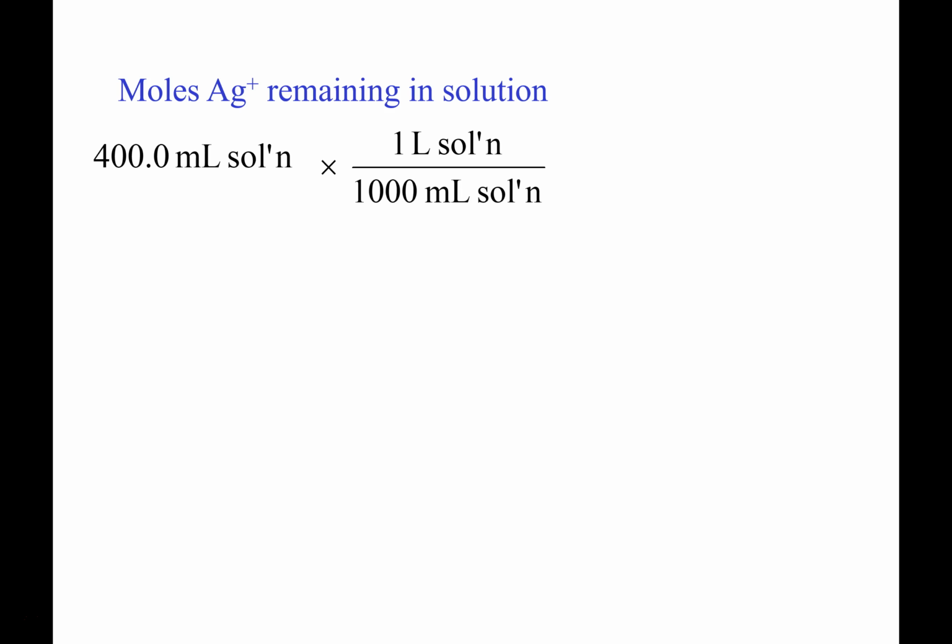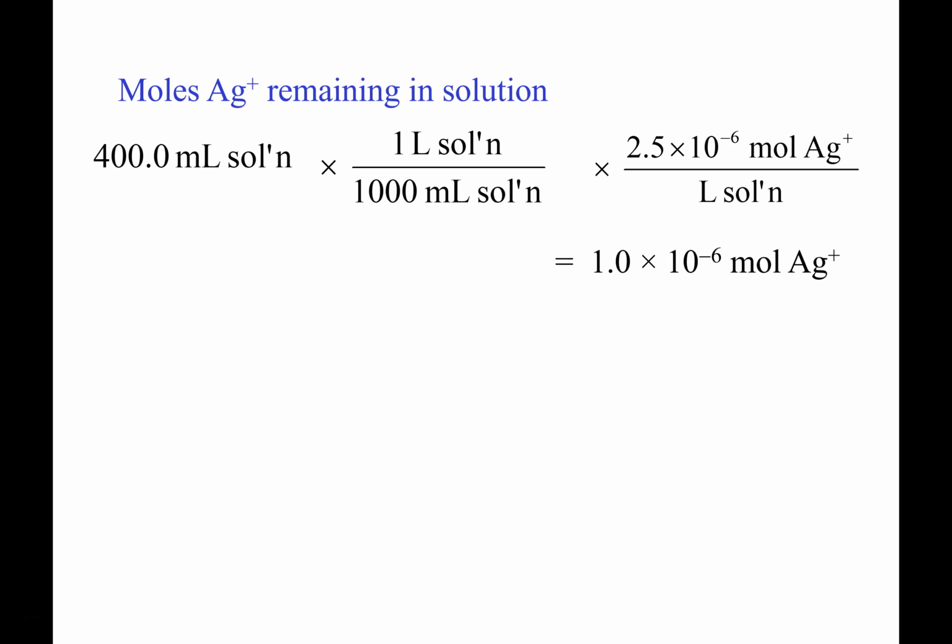And now we use the molarity we came up with, the non-flipped version, 2.5 times 10 to the negative 6th moles of silver per 1 liter of solution. And that will give us the silver running around there that's dissolved. 2 sig figs, 1.0 times 10 to the minus 6th moles.